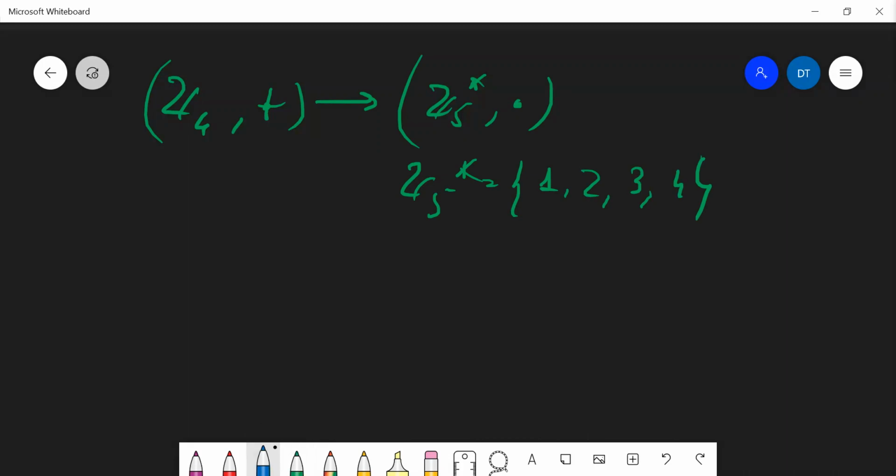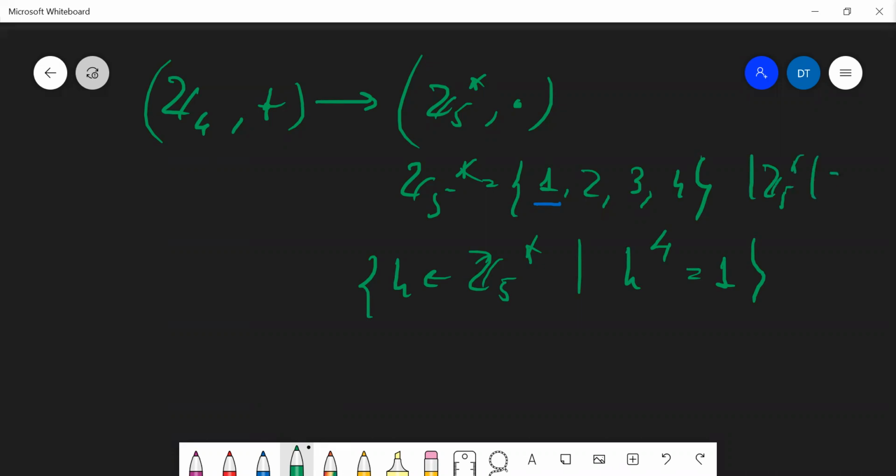Here, the neutral element is 1. Now we want to find all elements h from Z5 star such that h to the power of 4 is equal to 1, because 4 is the order of the cyclic group. But as you can see, Z5 star is of order 4, so by the Lagrange theorem, every element satisfies this condition.